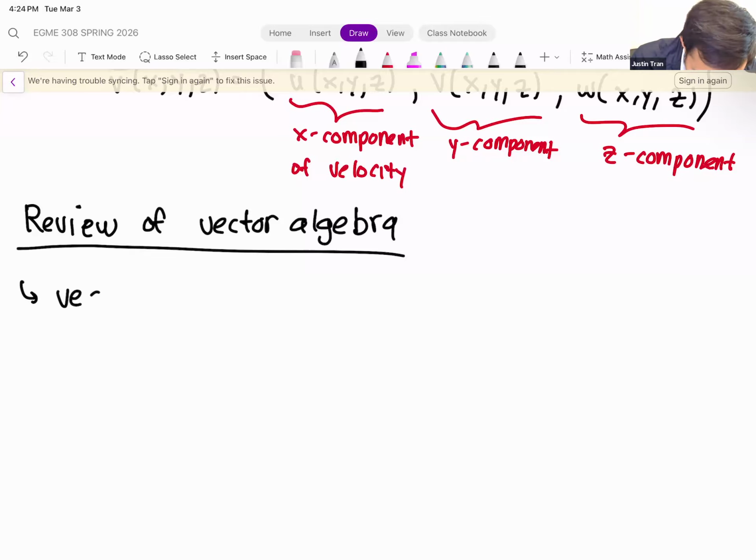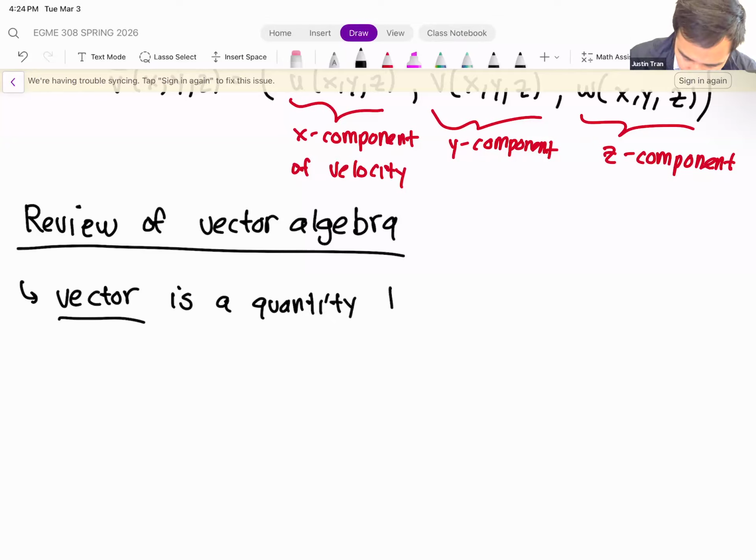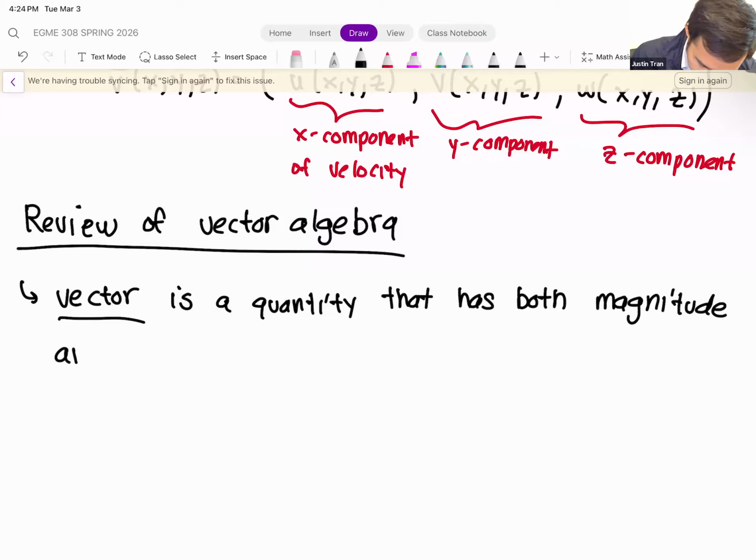A vector is a quantity that has both magnitude and direction. That's how it differentiates itself from a scalar, where a scalar quantity just has a magnitude.